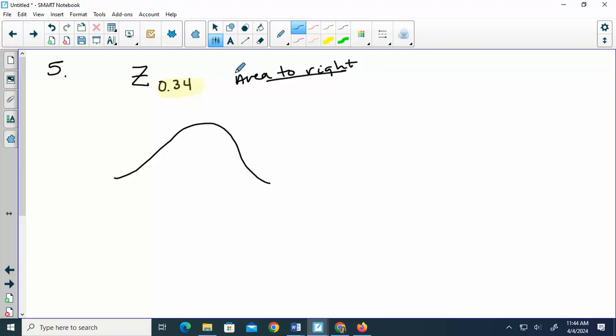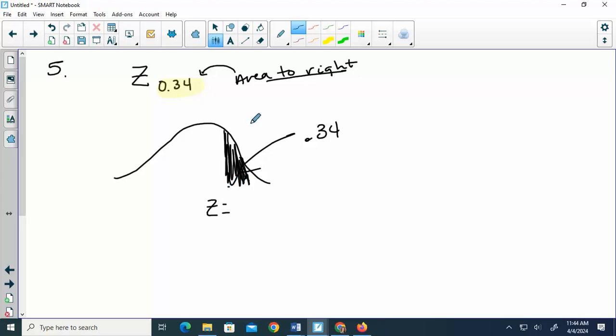So we talked about when we did it how it was kind of the opposite of how our normal table is set up. So we're talking about a curve where 34% of my area is to the right. So if I looked at it, this is an area of 0.34. You have to figure out what the Z is down here on your normal curve.